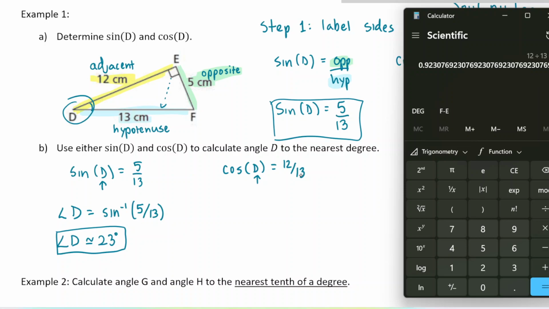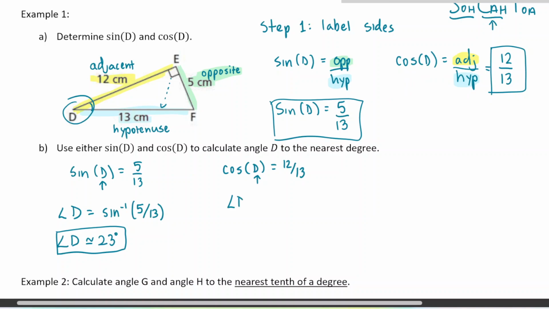Okay, so 12 divided by 13, and this time I'm going to use the cosine inverse button. Exact same decimal here, so about 23 degrees. Cos minus 1, 12 over 13. And if you wanted to use the tan ratio, it would be opposite over adjacent, so 5 over 12. And you would see it would be the exact same thing also.